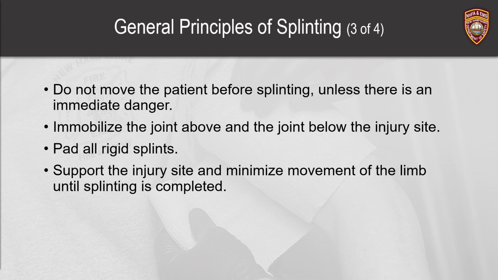Yeah, exactly. For a broken ankle, we're going to immobilize the knee and the ankle, right? So by immobilizing the ankle, we're sort of immobilizing the whole foot. And with the knee, we have to make sure that we go up high enough on the thigh that the knee doesn't bend, right? So that is absolutely correct.